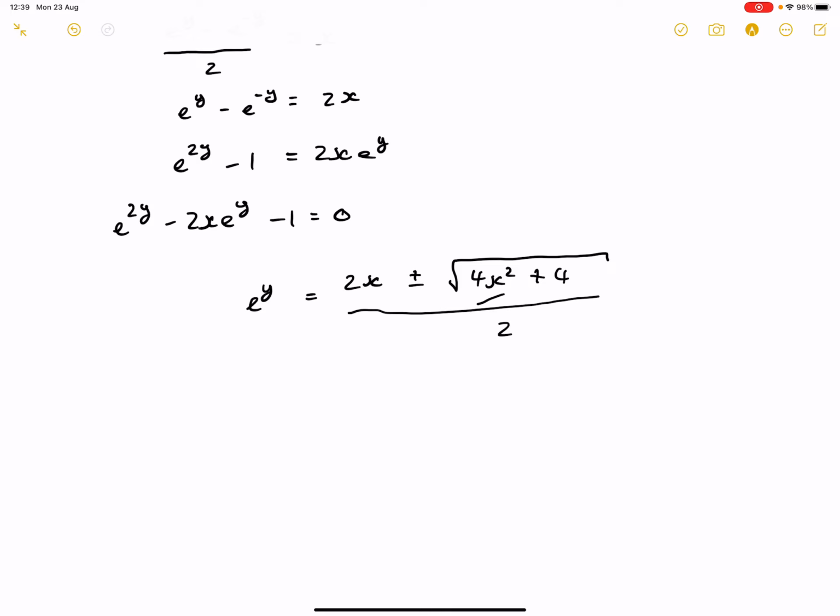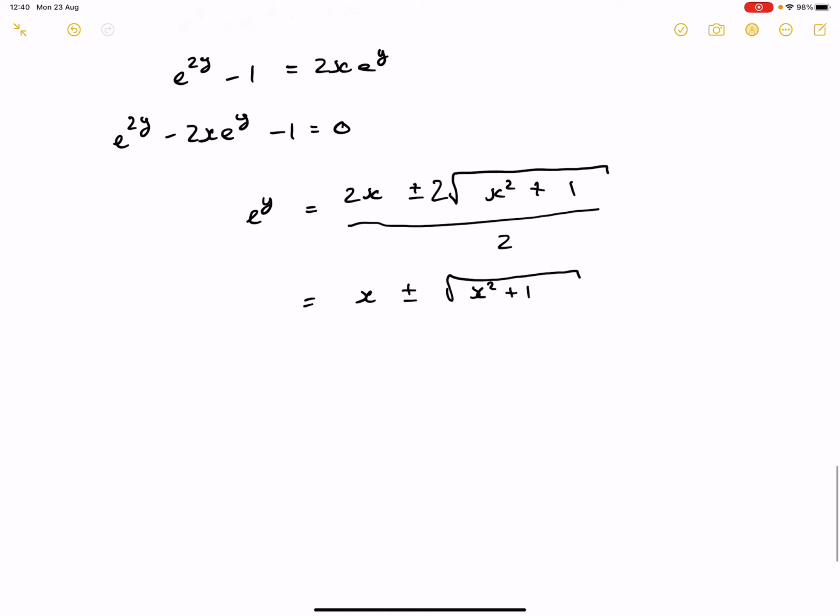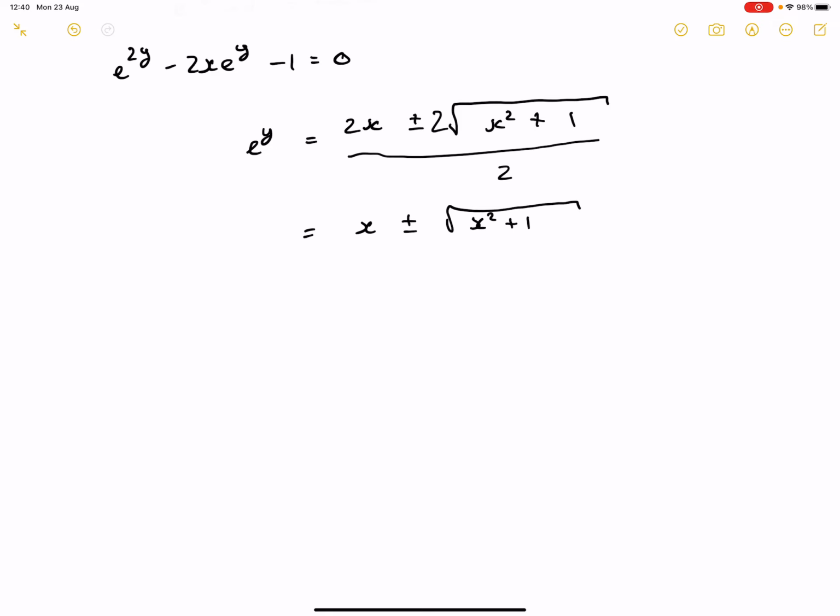Now I can take a factor of 4 out in here, therefore I can take the 4 outside and make it a 2, because the square root of 4 is 2. And I can now divide by 2. So that will be equal to x plus minus the square root of x squared plus 1. And now y is equal to the natural log, or just log.